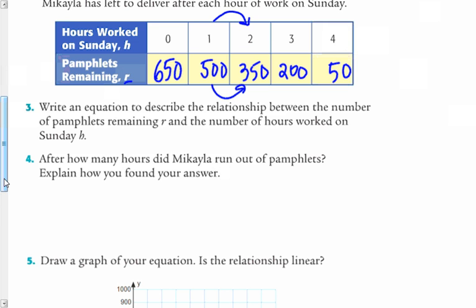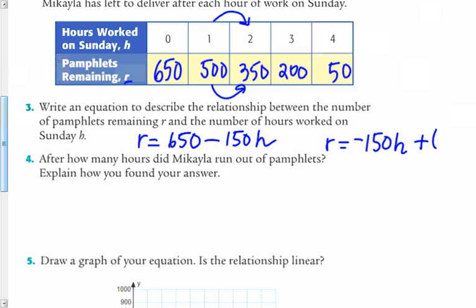We could write the pamphlets remaining is equal to 650 minus 150, but I need to subtract 150 for every hour, so I need to multiply that by the number of hours. Or, since it's going down, I could just put a negative sign in front of the 150 because I'm taking that off every hour. And then to get it to start at 650, I would just add 650 in the equation. So either of those equations will work.